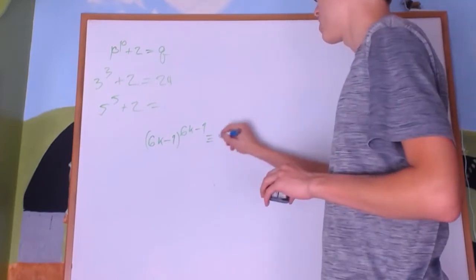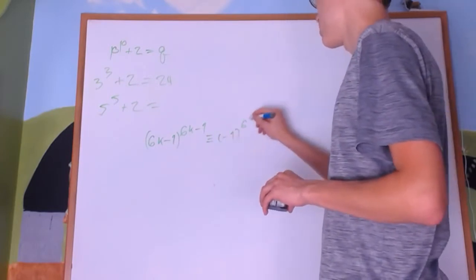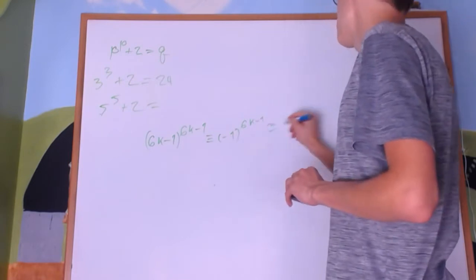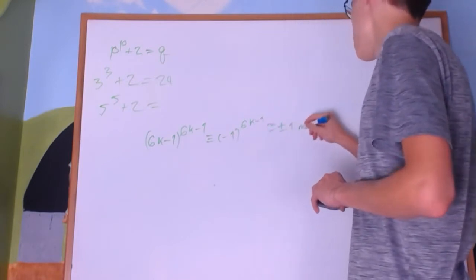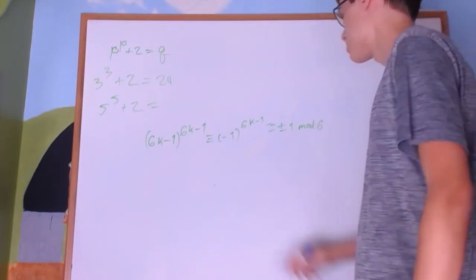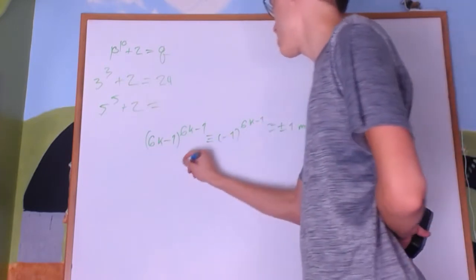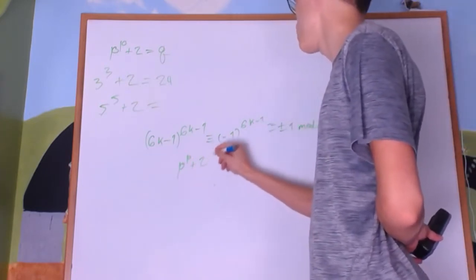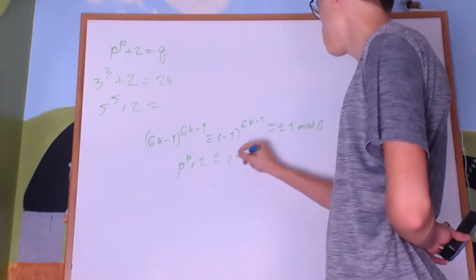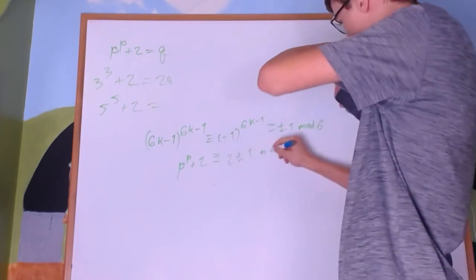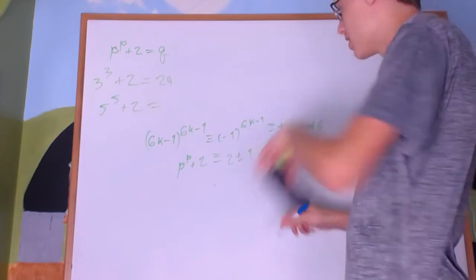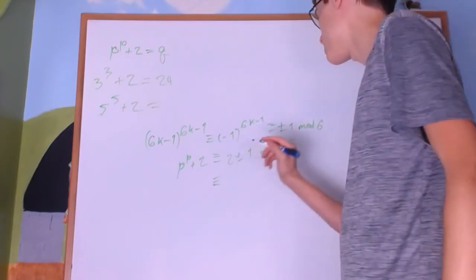So that's negative 1 to some power, which is going to be congruent to plus or minus 1 mod 6, which would then mean that p to the p plus 2 would be congruent to 2 plus or minus 1 mod 6.